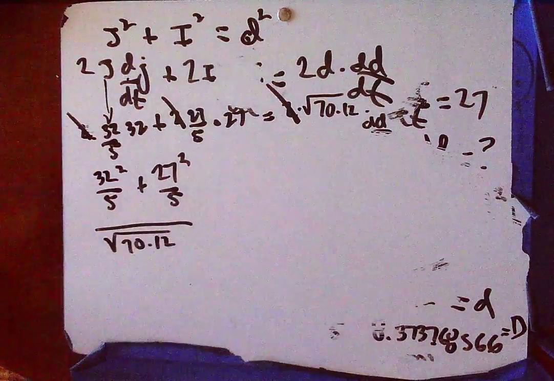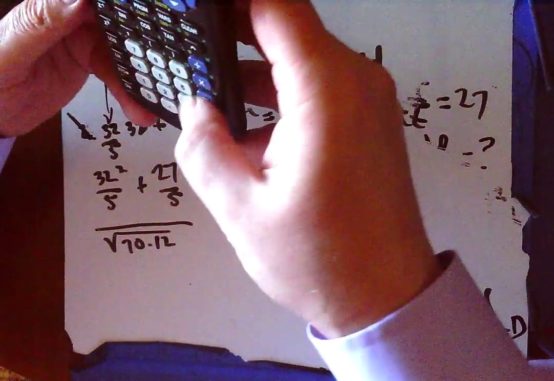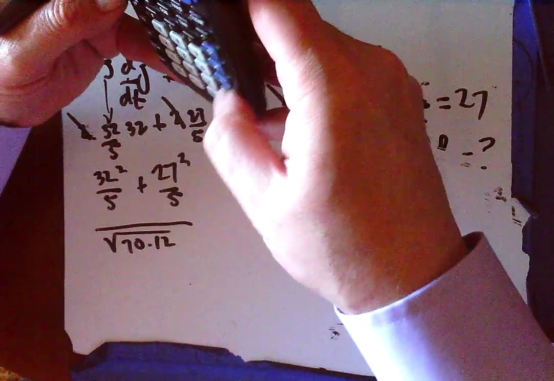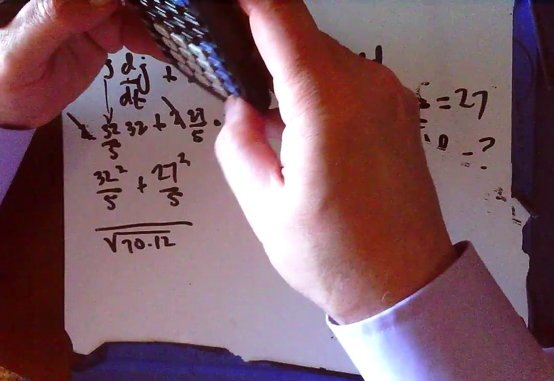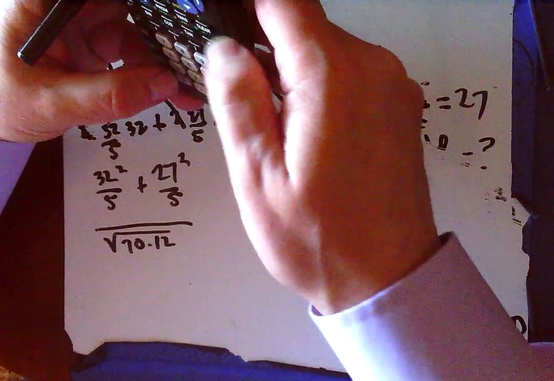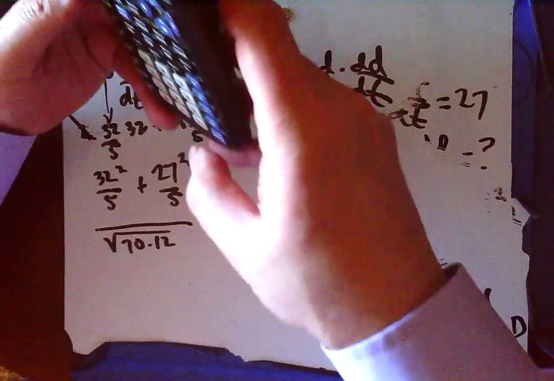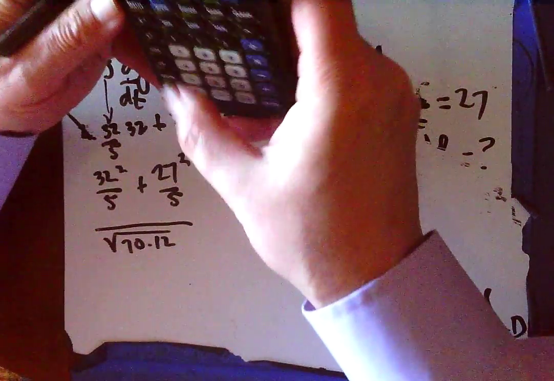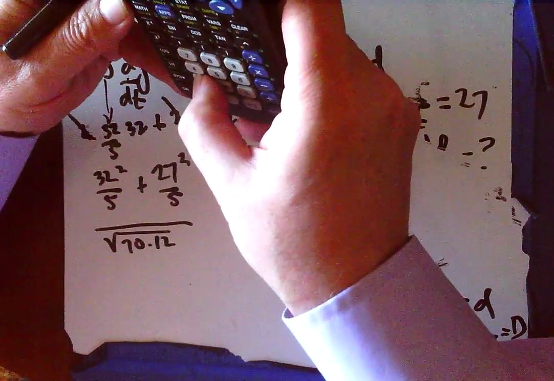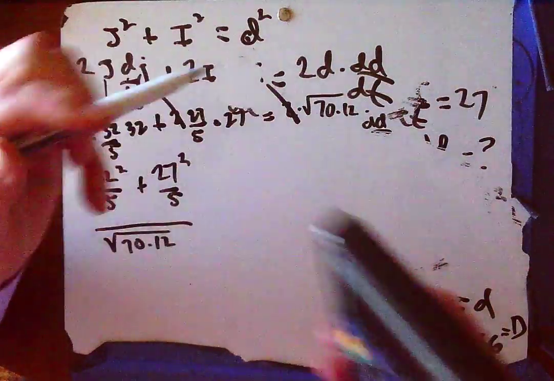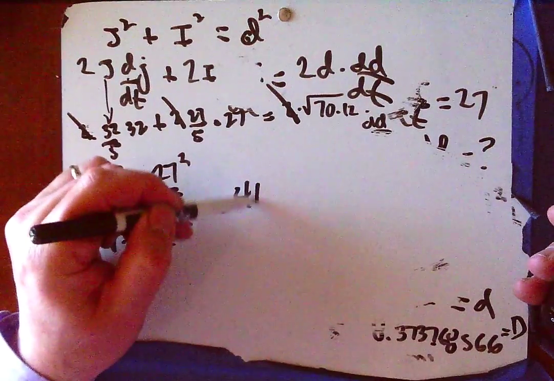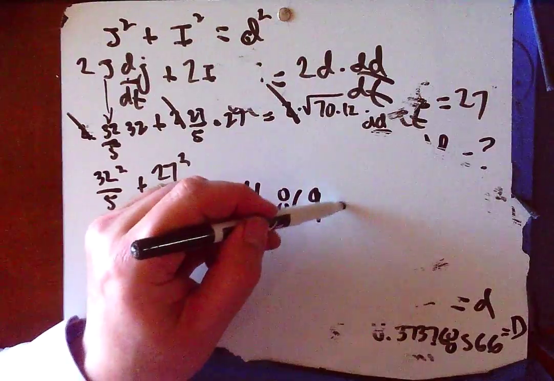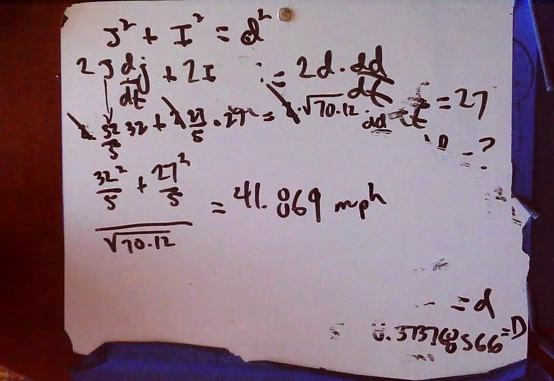Okay. I feel like I got a little mistake in there, but we'll see. 32 squared plus 27 squared. I want to divide all of that by 5, and then divide that by the square root of 70.12. And I get 41.869. And these would be miles per hour.